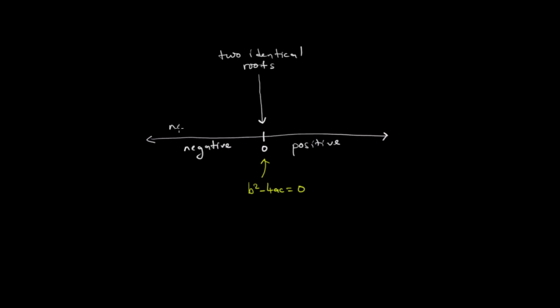Then where we say no real roots, here, this is a situation where our discriminant is less than 0.